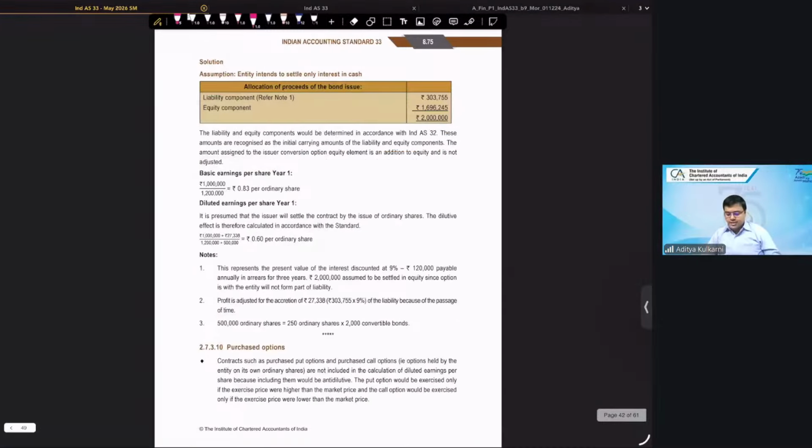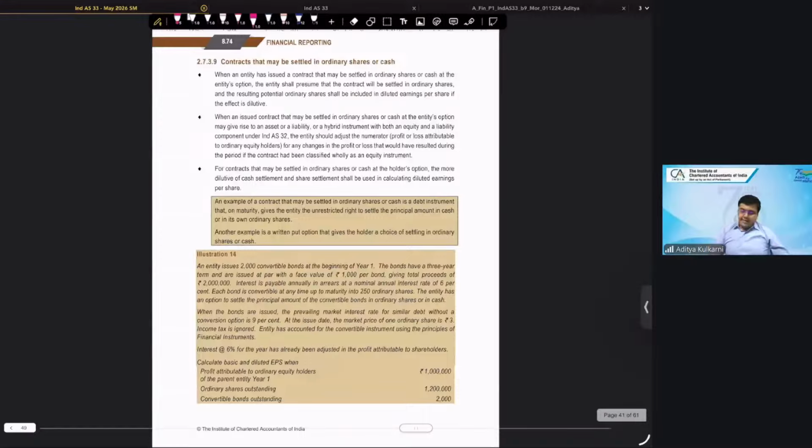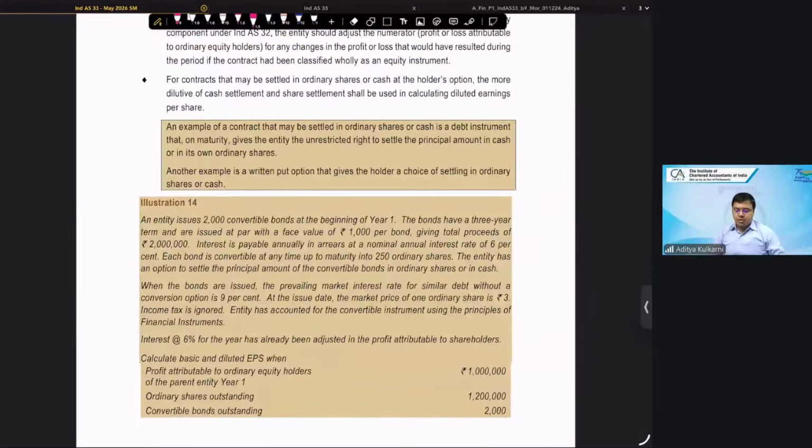See, an entity issues 2000 convertible bonds at the beginning of year one. The bonds have a 3-year term, issued at par with face value 1000 per bond with total proceeds of rupees 20 lakhs. Interest payable annually in arrears at a nominal annual interest rate of 6%.